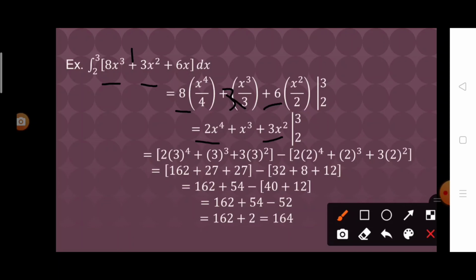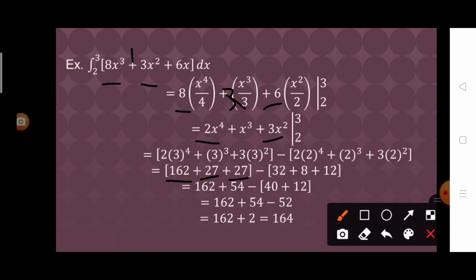Let's go and separate the 2 and 3. So we have 2 times 3 to the 4 plus 3 cubed plus 3 times 3 squared, minus 2 times 2 to the 4 plus 2 cubed plus 3 times 2 squared. 2 times 3 raised to 4 is 162. 3 cubed is 27. 3 times 3 squared is 27.